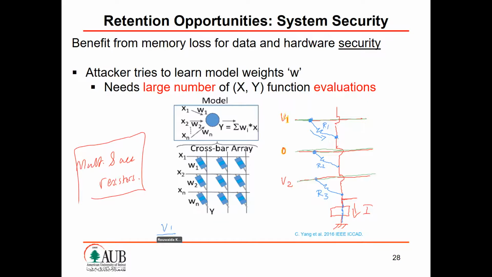V1 على R1, right? And then what is the current in the second one? ما حيمرق لي current. صح؟ And in the third one, V3 على R3.